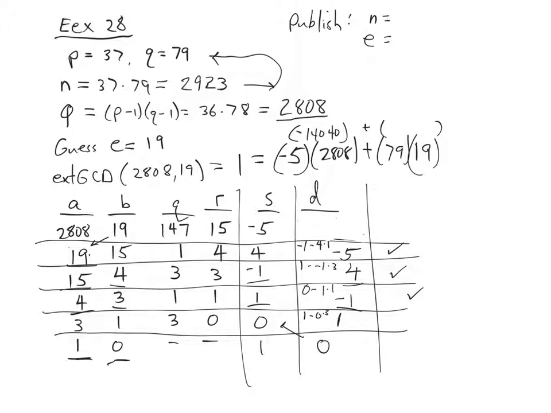Okay, what did I do here? This is very stupid, and I always tend to do it. This one is supposed to be 4 minus minus 5 times not 15, but 147. I often confuse the Q column, which is the one you use when you're computing the D's.